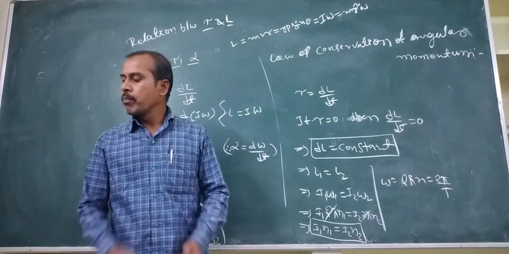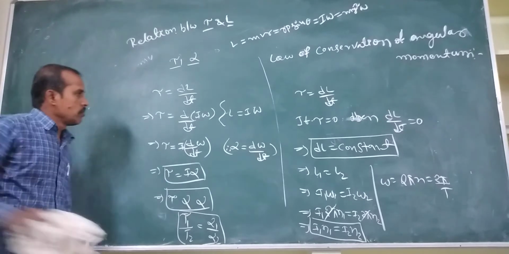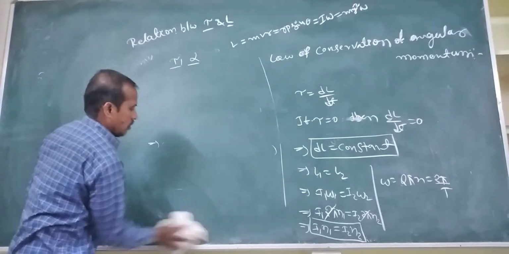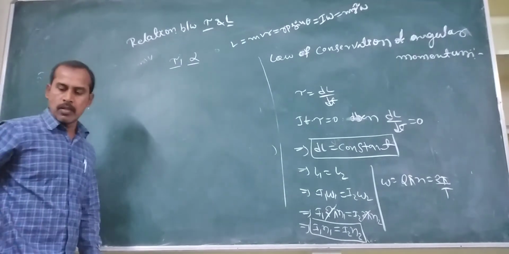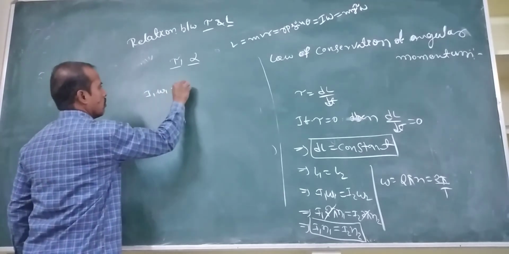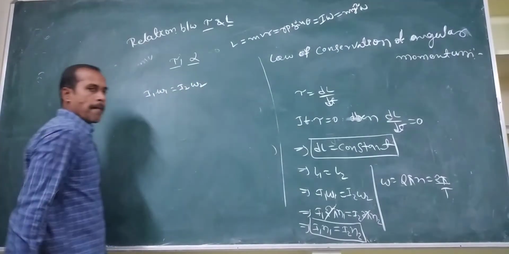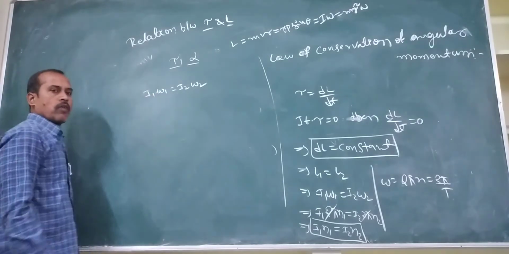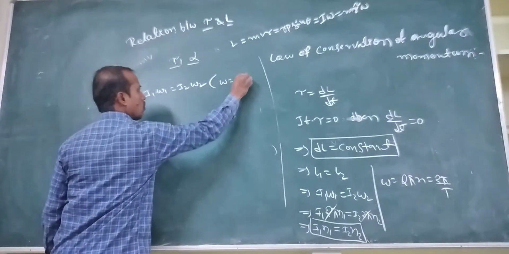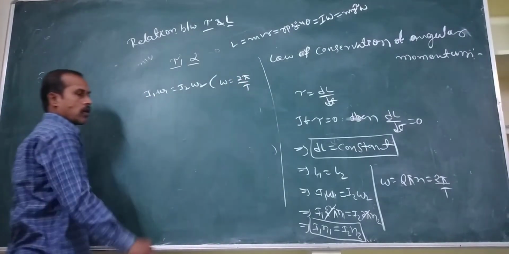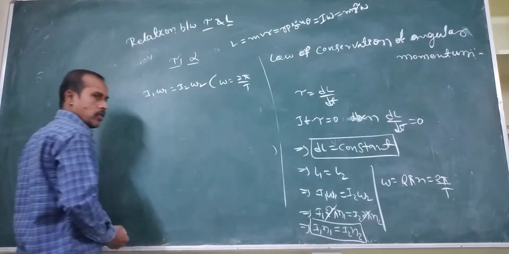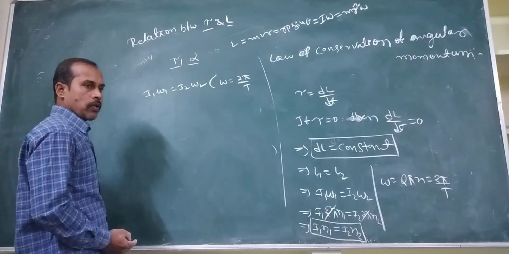In terms of time period, I1 omega 1 is equal to I2 omega 2, where omega is equal to 2 pi by capital T, and capital T means time period, the time taken for one complete rotation.